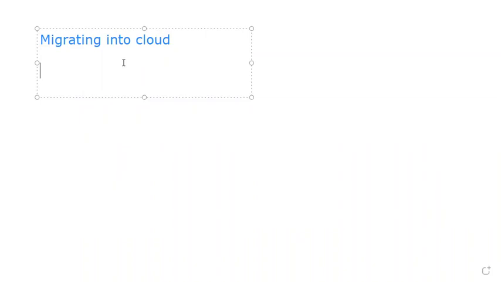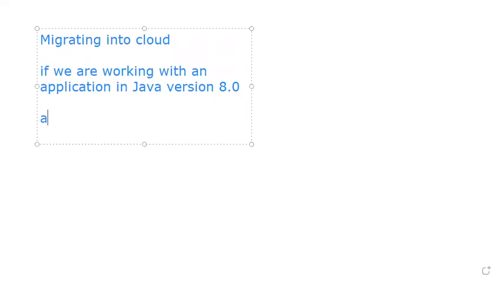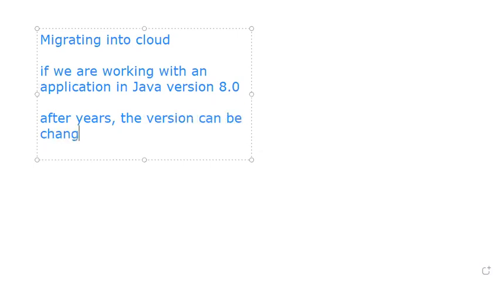Simply say, for example, if we are working with an application in Java version 8.0, let us suppose, and after a few years the version can be changed.